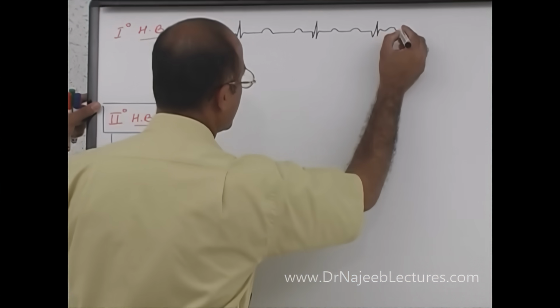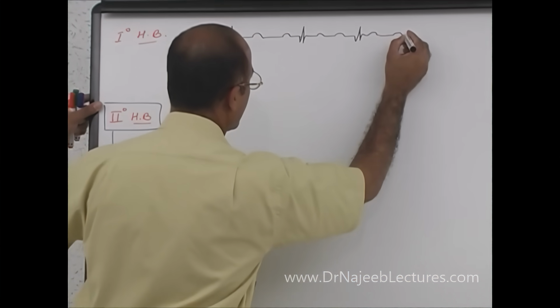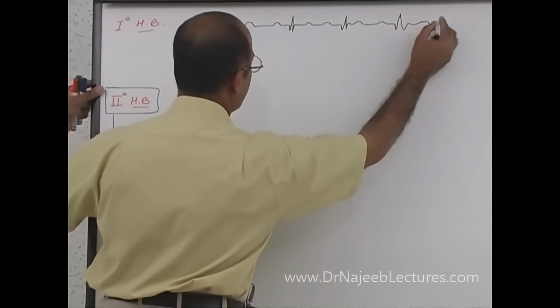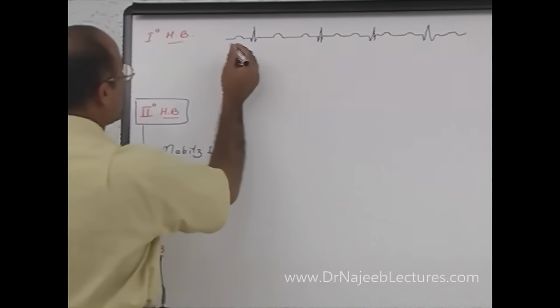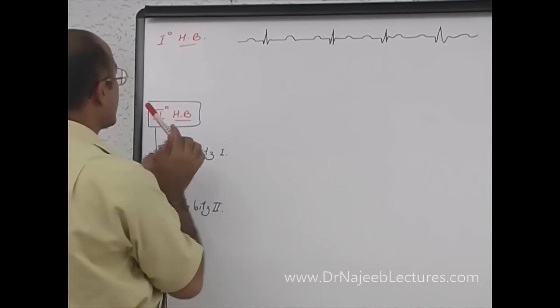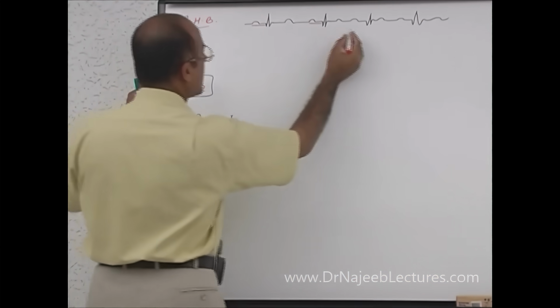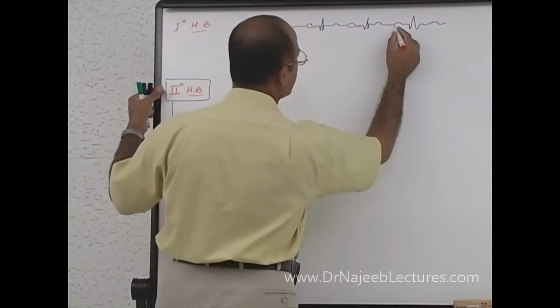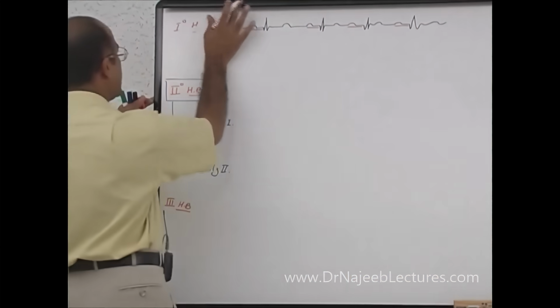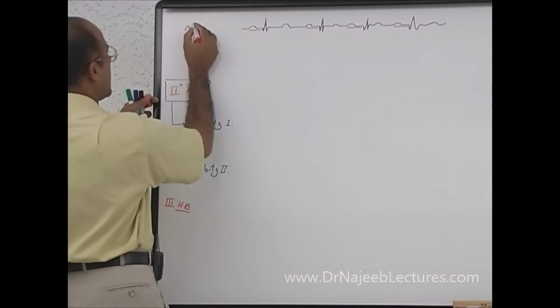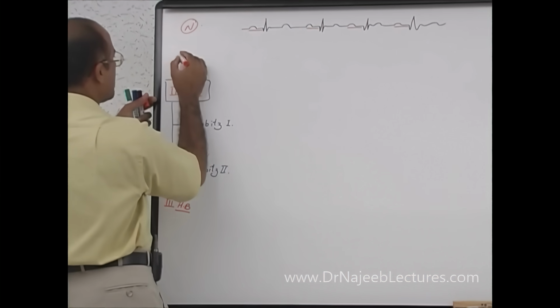Let's suppose this is the normal pattern. In this normal pattern, this is the PR interval, and it's almost the same everywhere. This is the normal pattern. Now we come to first degree heart block.